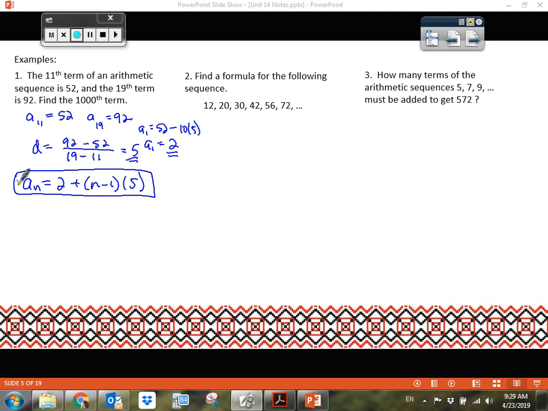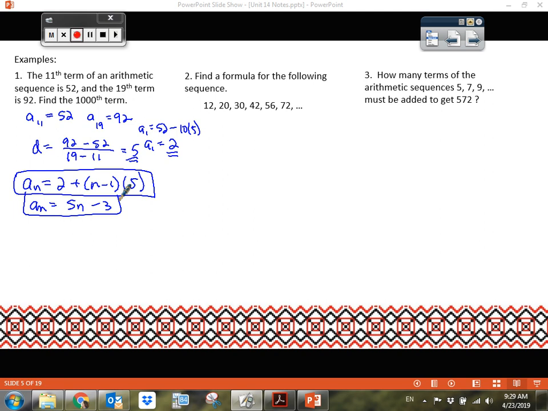I would be fine with that. Or you could distribute and combine like terms, which would give us a sub n equals 5n minus 3. Either of these is acceptable for your formula.